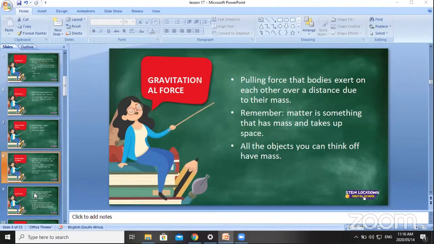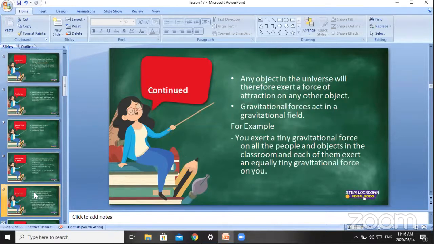Any object in the universe will therefore exert a force of attraction on any other object.